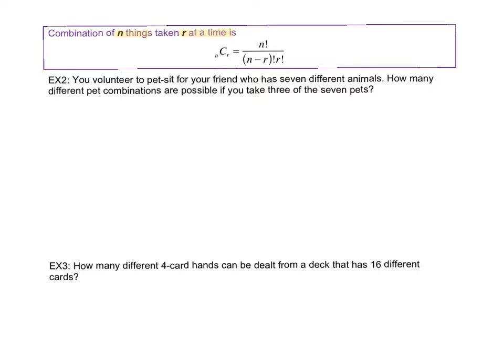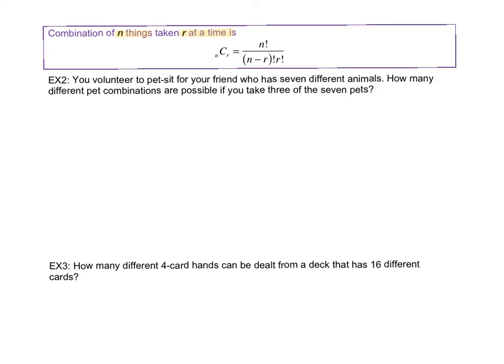Okay, so the question is, is this a permutation or a combination? This is a combination. The order that I pick my 3 pets doesn't matter. Whether I choose cat, dog, bird, or bird, dog, cat, I've still got the same 3 animals.